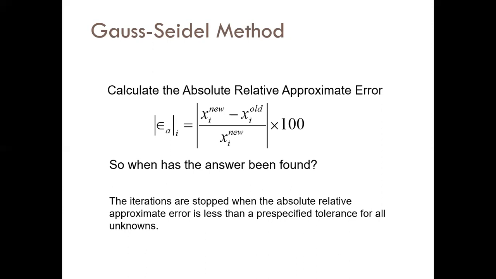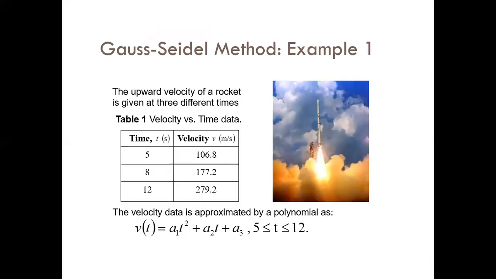But if the error is greater than the tolerance value, then we find the next iteration. We solve the next iteration.